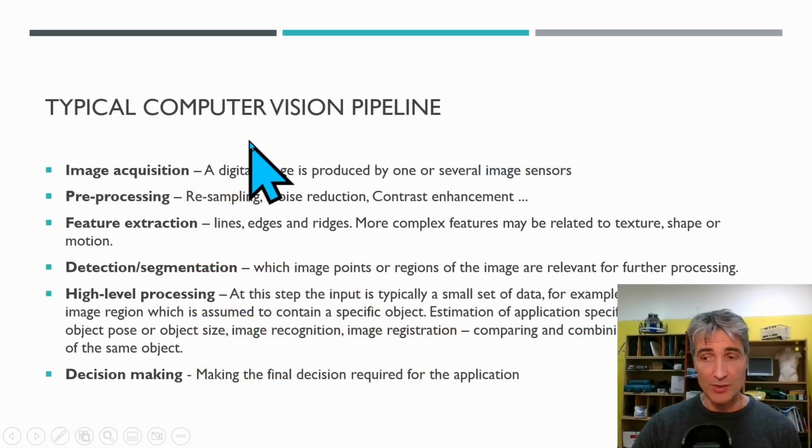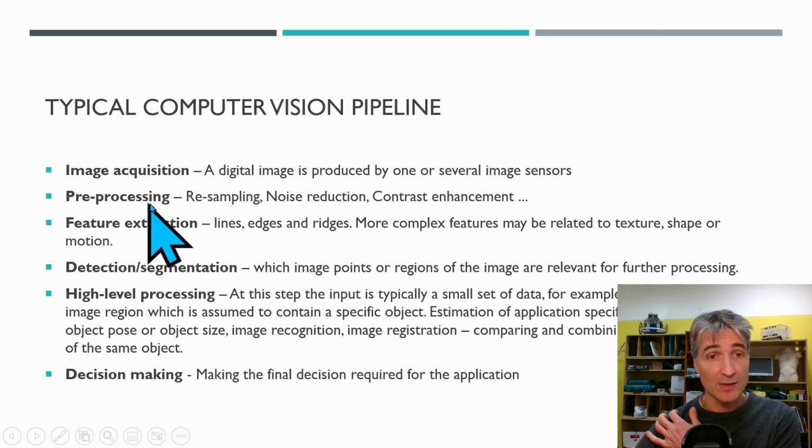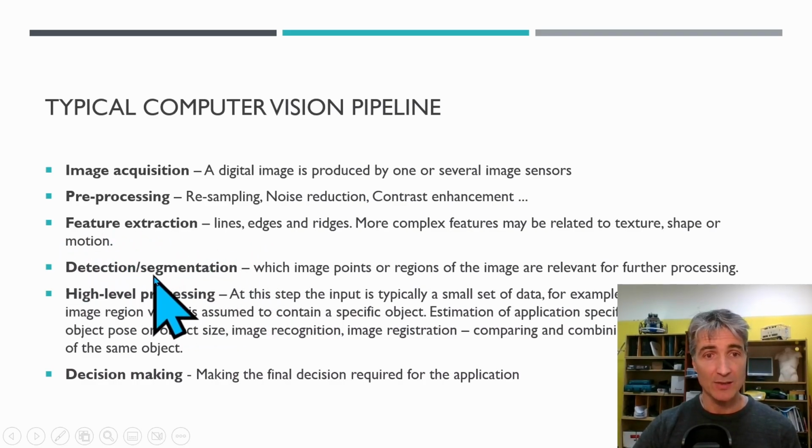We will finish this introduction with a typical computer vision pipeline. So first, we acquire the image. We pre-process it. We do some things with it to make the quality better. We extract features, we do something on a higher level, detect objects or perform segmentation of the image to several parts.